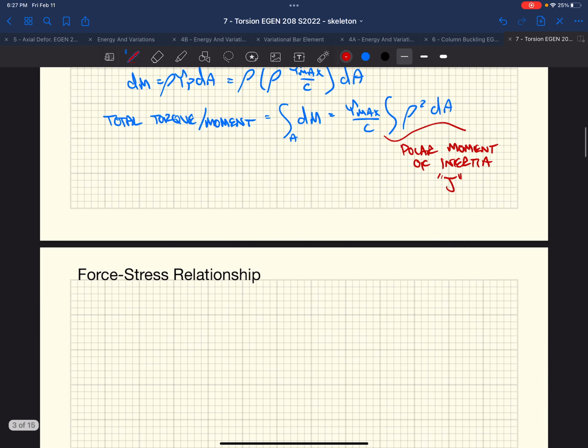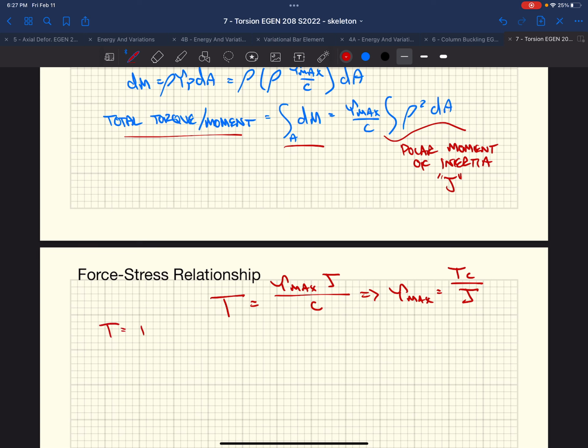So our force-stress relationship then becomes, if we were integrating the total torque, or integrating the moment, we would say our torque, T, now equals tau max times J, polar moment of inertia, over c. Or, we rearrange this: the maximum shear stress in our circular shaft is the torque times the maximum radius divided by the polar moment of inertia. So we have T equals torque.